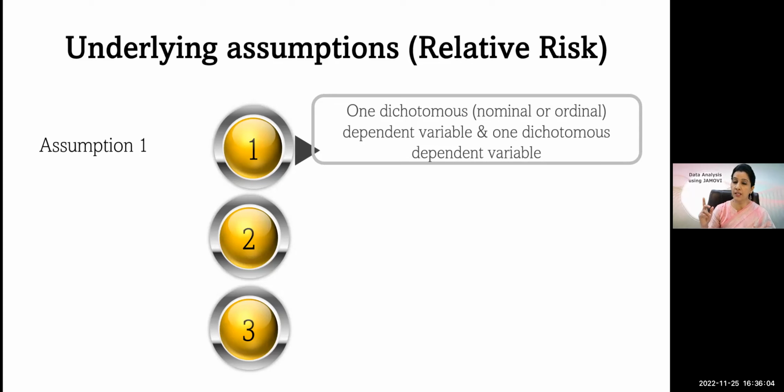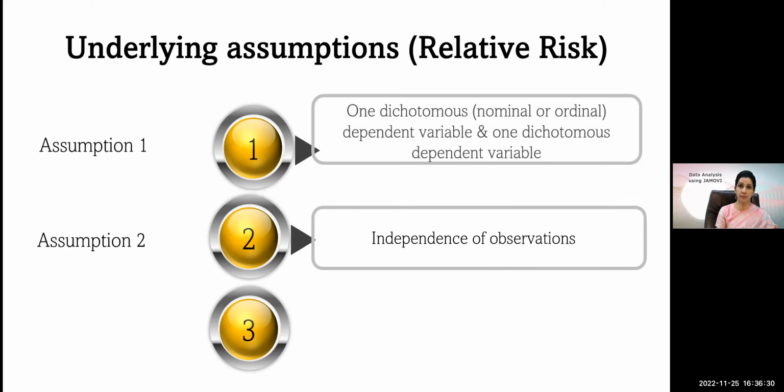If you use logistic regression, then in case of odds ratio, you can get the odds ratio even if it is more than a 2x2 table. But through this option of contingency table, you can get odds ratio and relative risk only when it is a 2x2 table. So it should be one dichotomous dependent variable and the other a dichotomous independent variable.